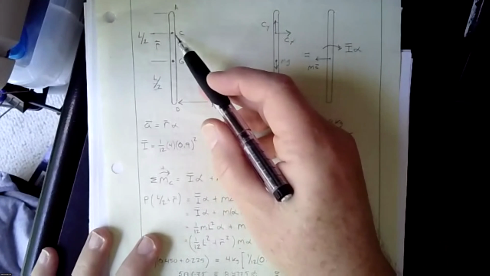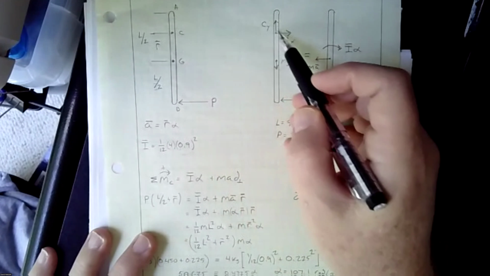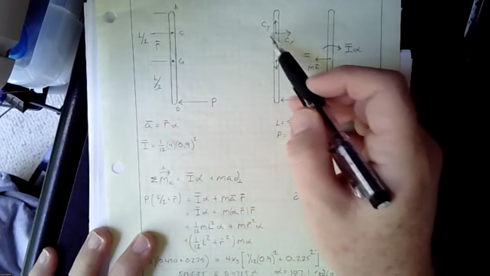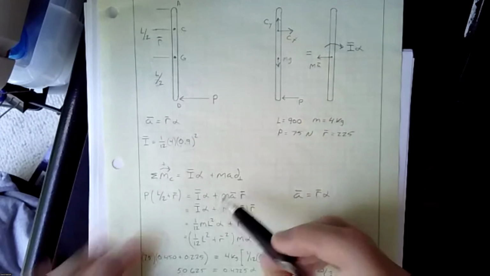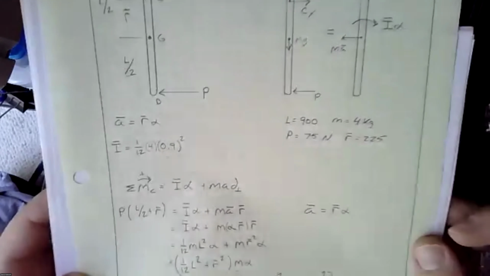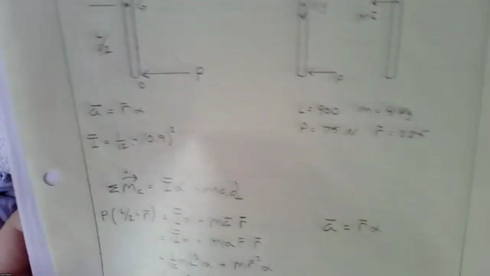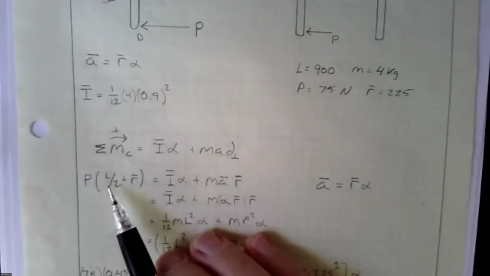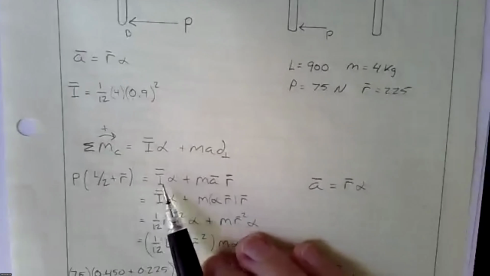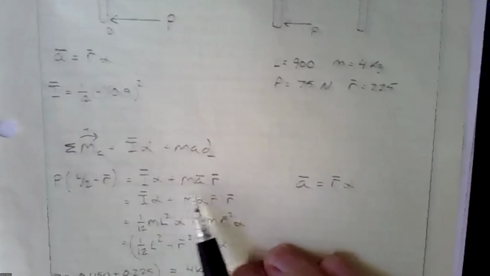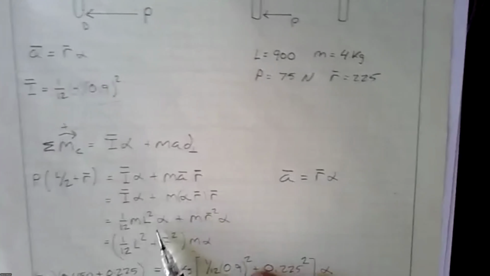So where can we take our moment about? We're going to take it about C, because that's where our reaction is. So we need to get rid of those two because we have no way to solve for them yet. So we take the moment about them to eliminate them. And then, like we'd expect, the distance P from C is half the bar plus the R bar equals I alpha plus M A R. Combine them.